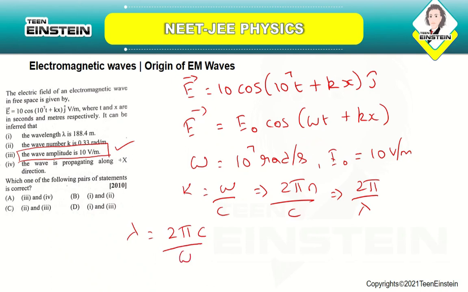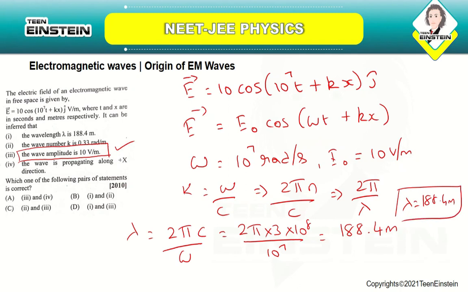If you substitute that, you will be getting 2 pi into 3 into 10^8 by 10^7. If you solve this, you will be getting it as 188.4. So the wavelength lambda is 188.4 meters. So option number 1 is also correct. So 3 and 1 are correct.